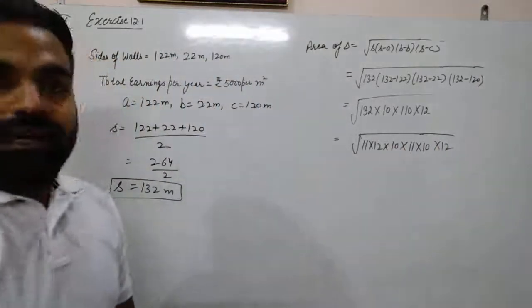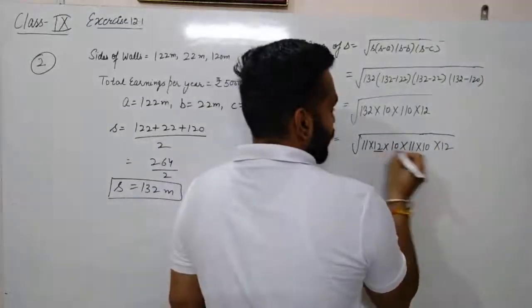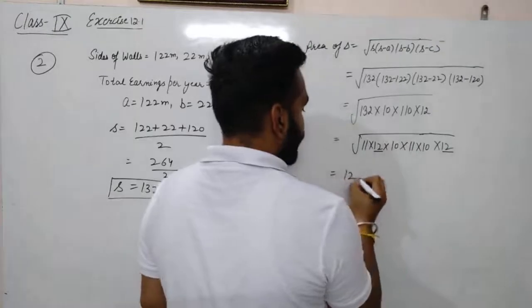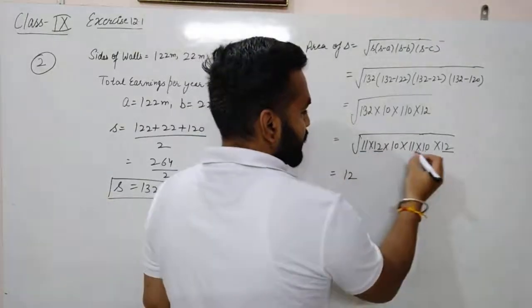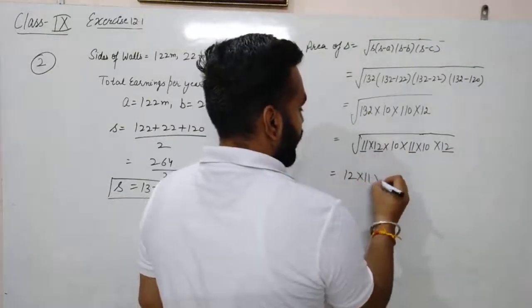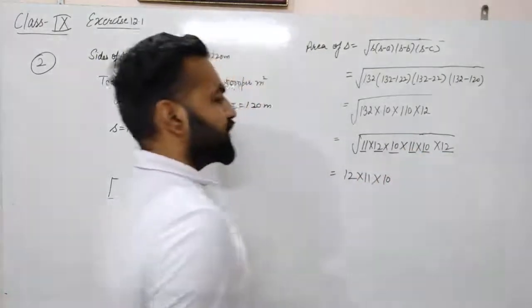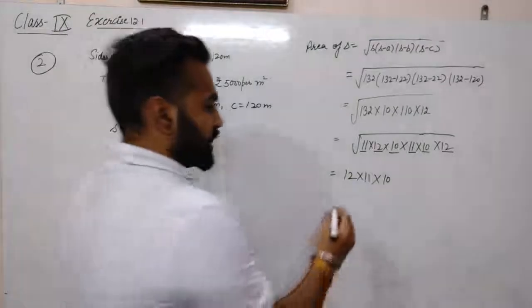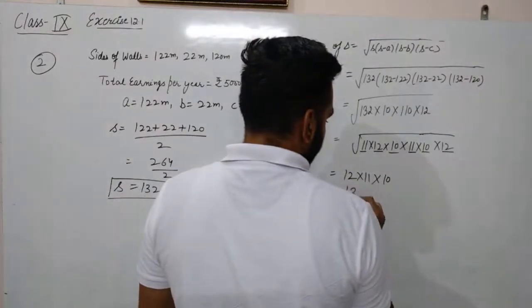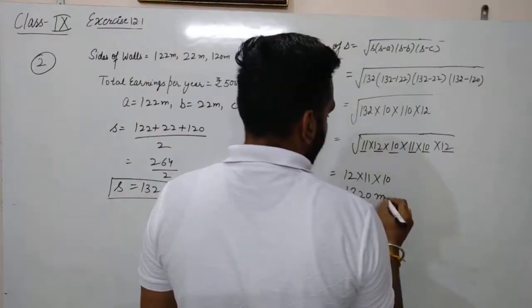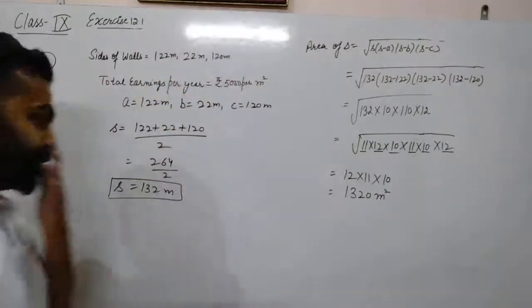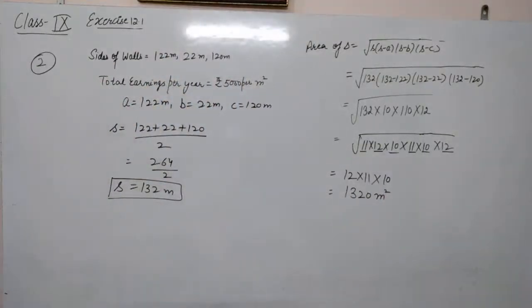So we can see that one pair is formed of 12, so this will come out from the root. One pair is of 11 and another pair is of 10. So all the factors will come out from the root, and the answer is 1320 meter square. So this is the total area of the board.